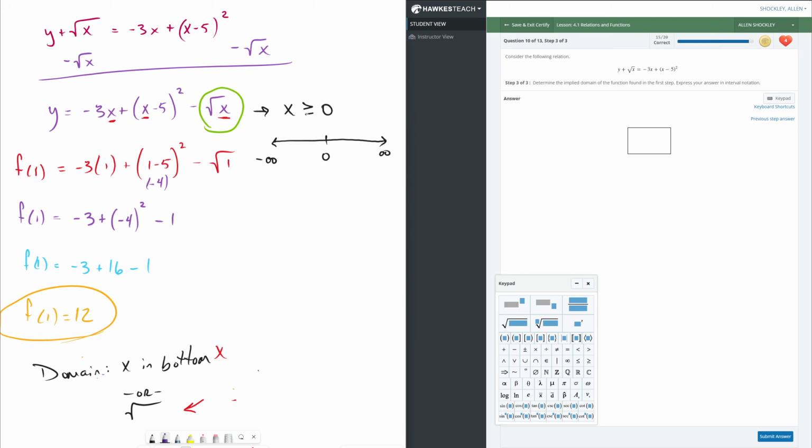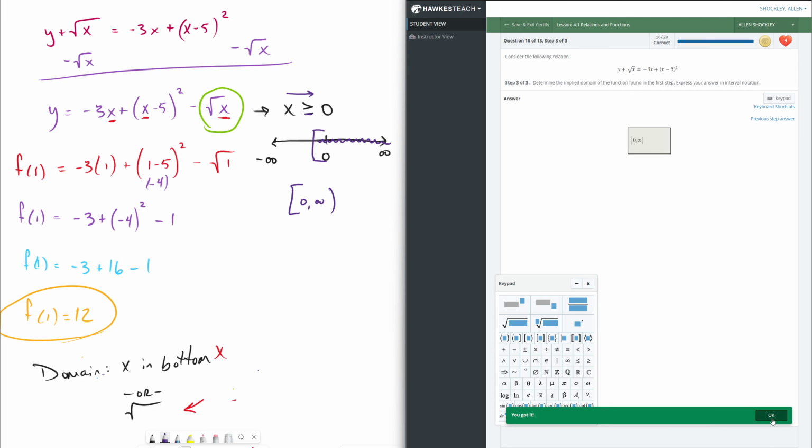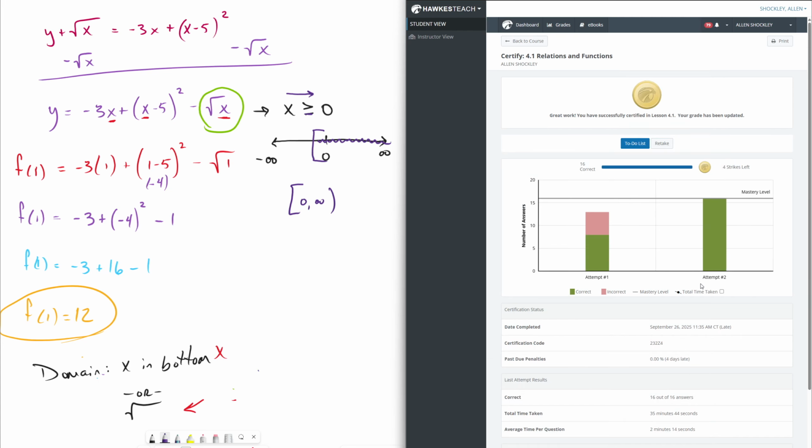Here, since this is an equal to, we're going to use a bracket, and we're going to shade to the right because this is pointing to the right. So we know that my interval is from 0 to infinity. Infinity always getting my parenthesis. So let's do it. Bracket 0, comma, infinity. There you go. Ignore that. That was me just testing. So that is how to do it.